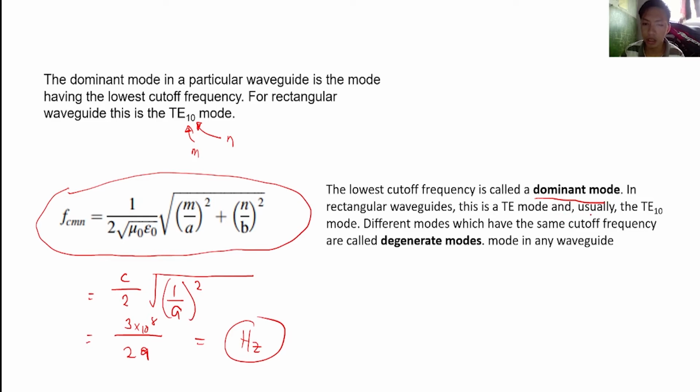This is the TE mode, usually TE10. The different modes which have the same cutoff frequency are called degenerate modes in any waveguide. So this is good to know regarding the modes in a waveguide.